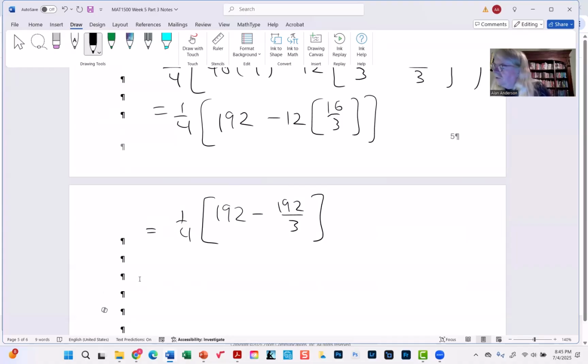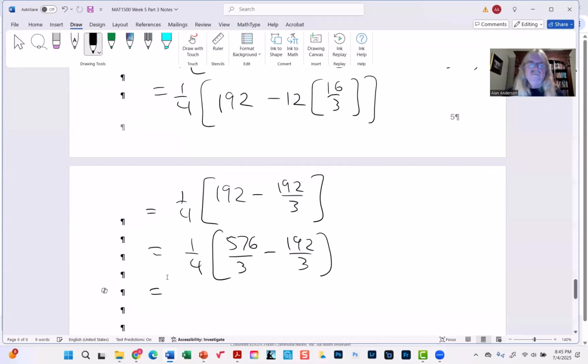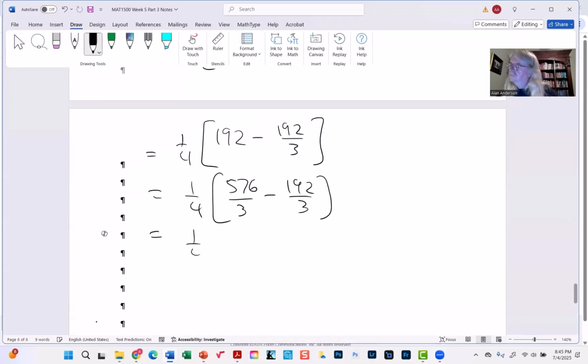So we'll combine everything into thirds. 4 over 12 is 32.